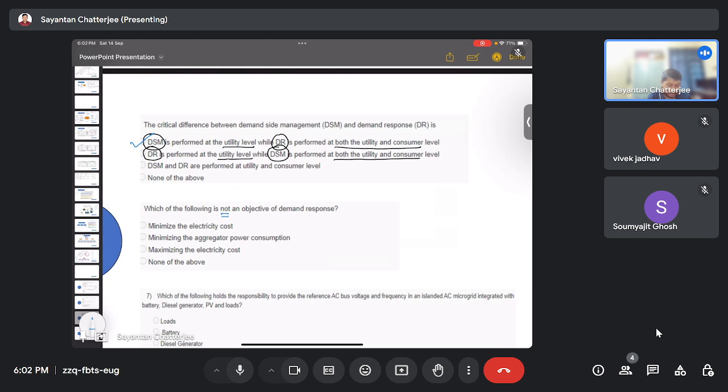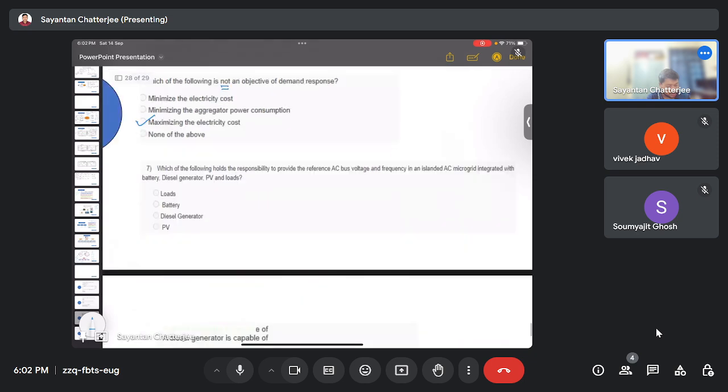Not an objective function. Maximizing the electricity cost.